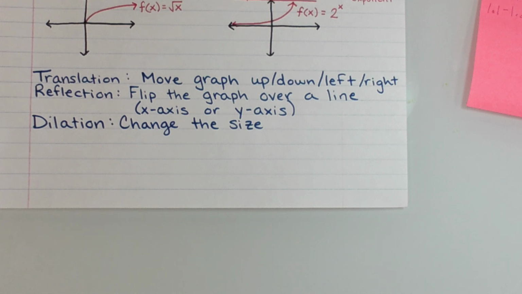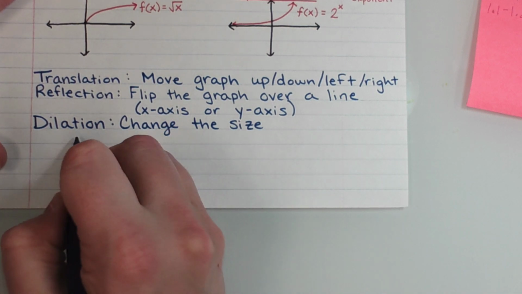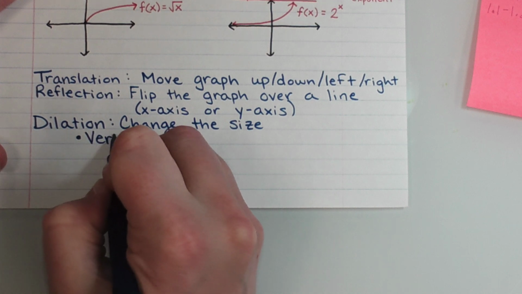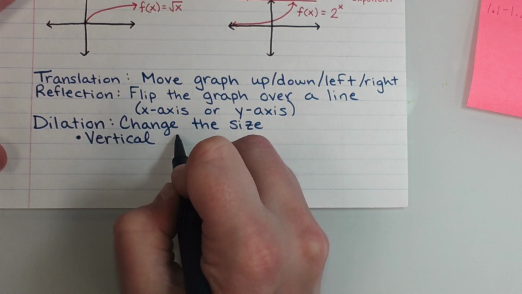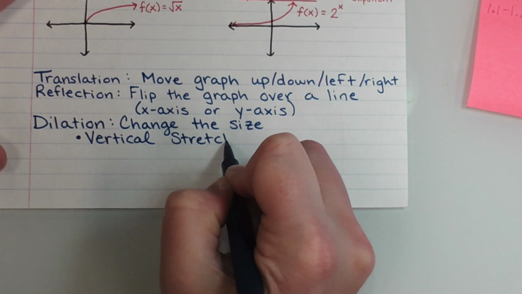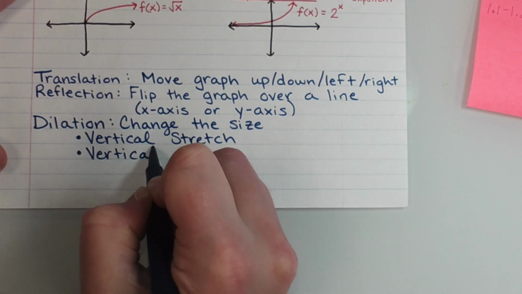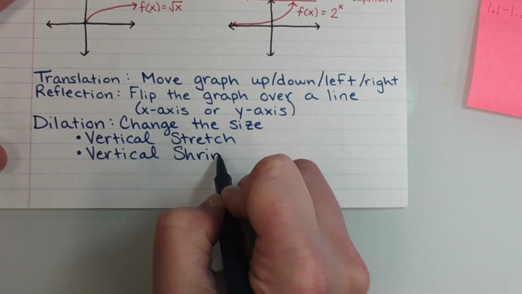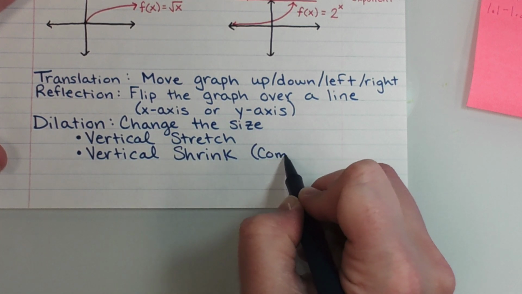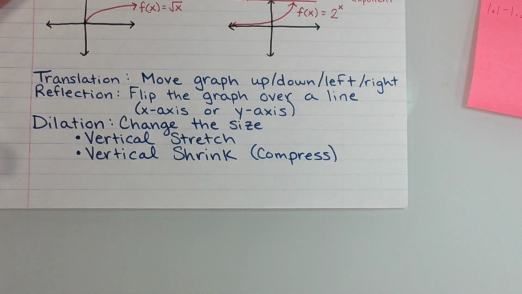Generally speaking, we're talking about stretching it out or shrinking or compressing it down. Specifically in here, we're going to talk about vertical stretch or vertical shrink. At least today. We will be getting into horizontal stretch and shrink as well. You'll also hear me refer to a vertical shrink, or a horizontal shrink for that matter, as a compression.